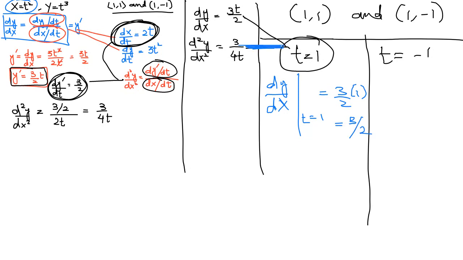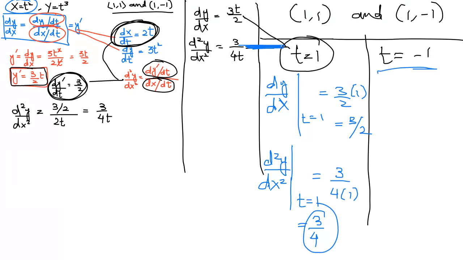If I put 1 here, d square y over dx square at t equal to 1 gives me 3 divided by 4 into 1, which is 3 divided by 4.